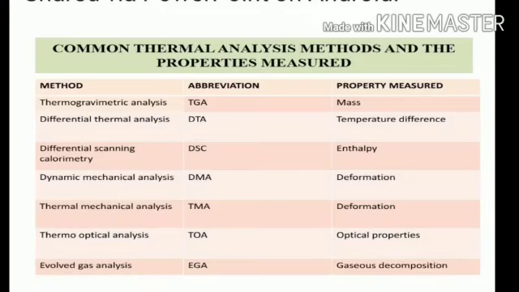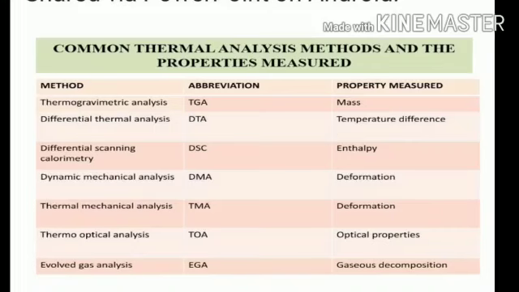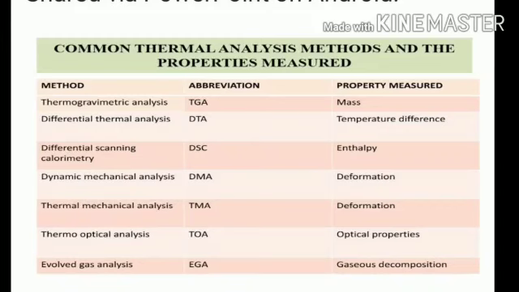The stress may be compression or tension. Thermo-optical analysis permits the visual observation of the physical changes produced in a sample as a function of temperature or time. Evolved gas analysis is used to study the gas evolved from a heated sample that undergoes decomposition or desorption.